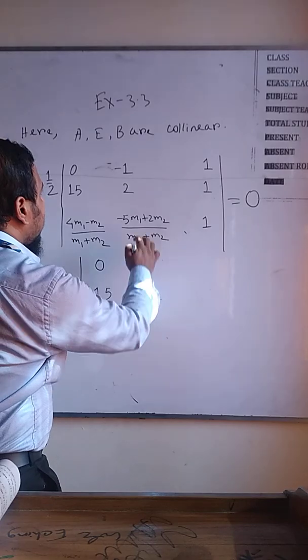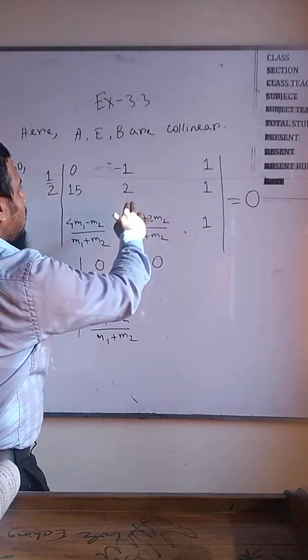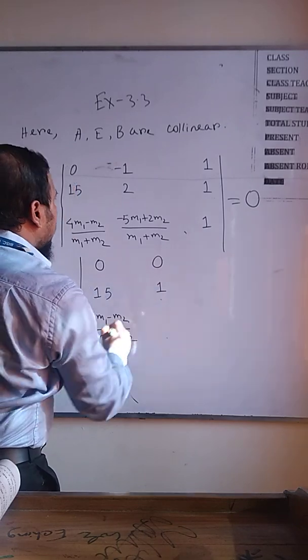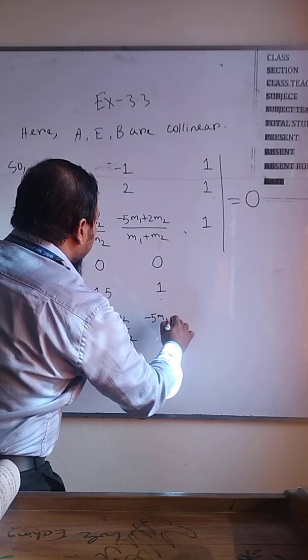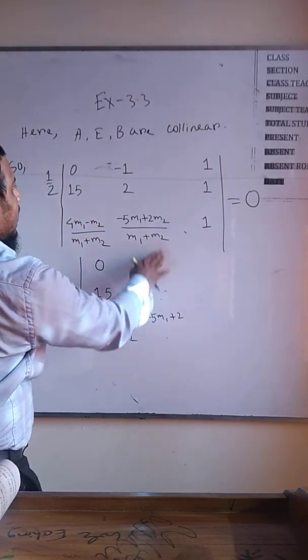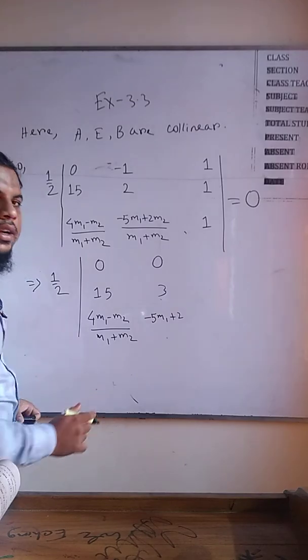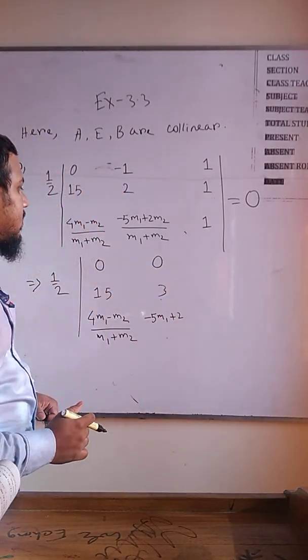Okay, we have to change it. Minus 1 plus 1, it is 0. 2 minus 1, it is 1. Sorry, this 2 plus 1, it will be 3. We are not subtracting, we are adding second column and third column. So 2 and 1 is 3.